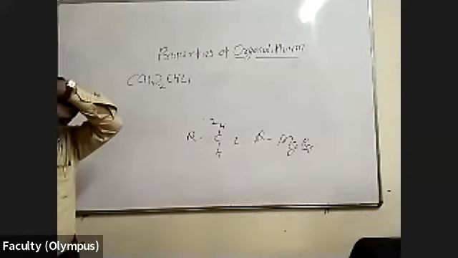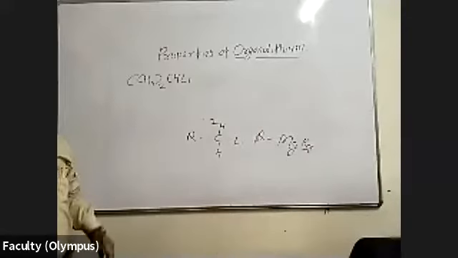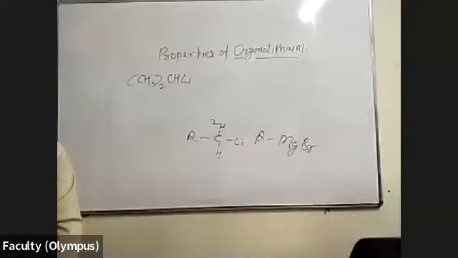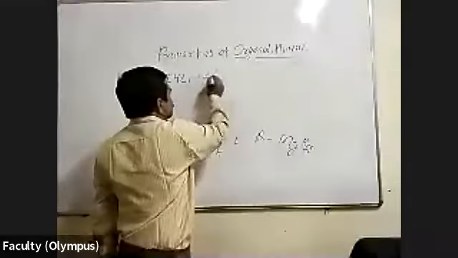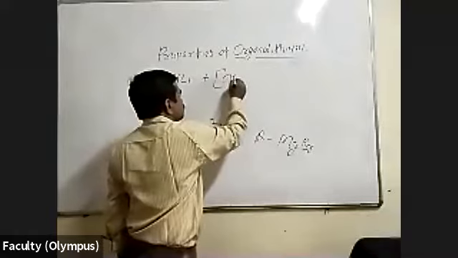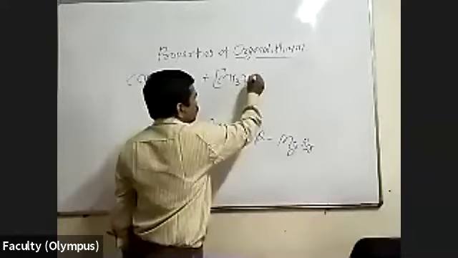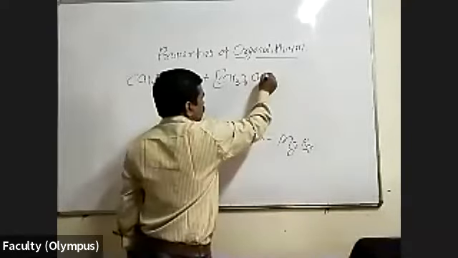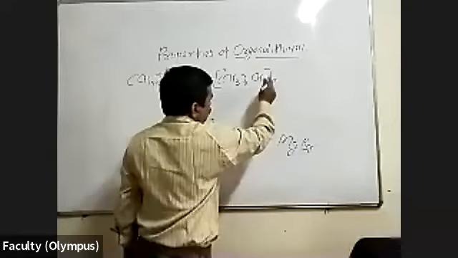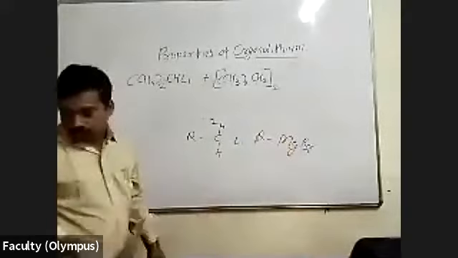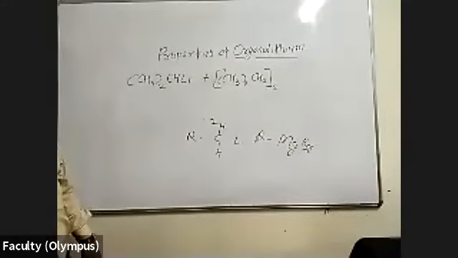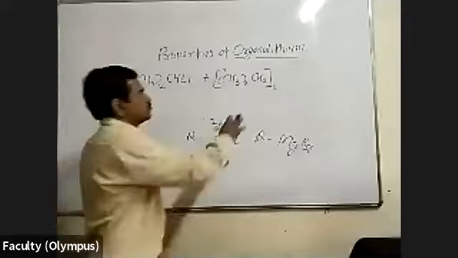When this reacts with say (CH3)2CH, C double bond O, CH (CH3)2.